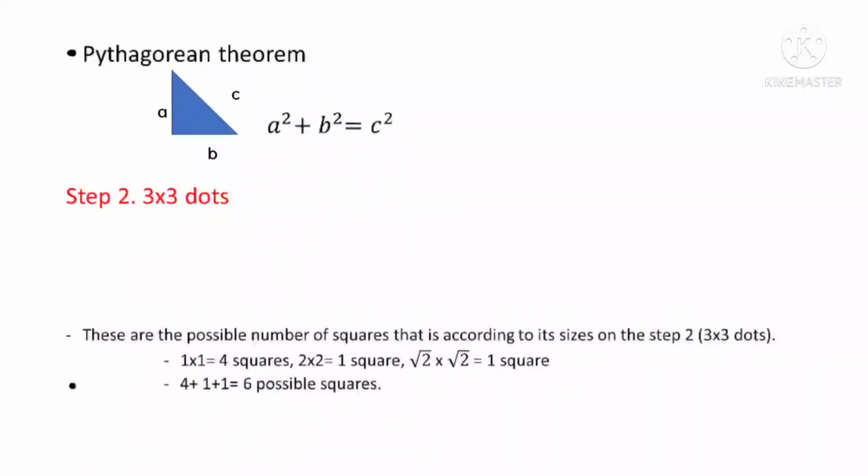So, ayan po yung kukunin po natin yung size ng square na yan, o papatunayan natin kung square nga ba yan para counted po siya. Gagamitan po natin siya ng Pythagorean theorem.